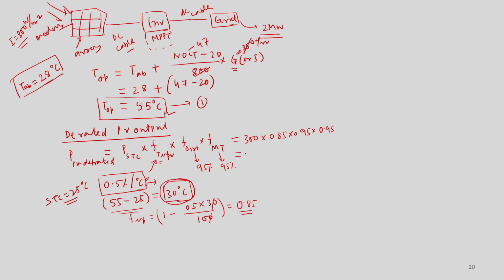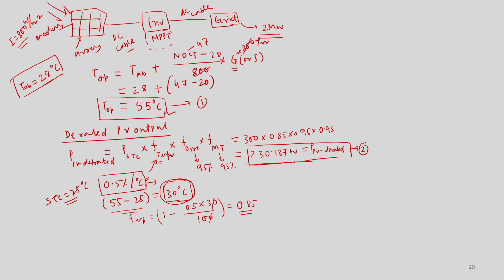Then PV derated is calculated to be 230.137 watt. So, this is nothing but PV derated, and this value is required.